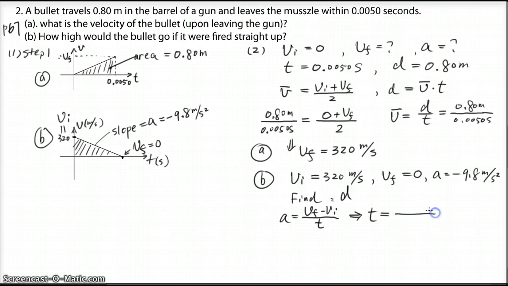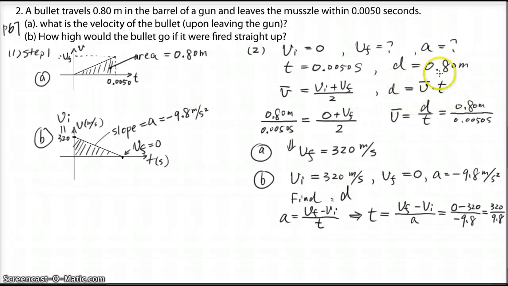If you isolate T, T equals V final minus V initial, divided by A. Plug in 0 as the final velocity and 320 as the initial velocity, divided by negative 9.8. This is going to be the time. We don't need to calculate here, but we can write it as 320 over 9.8, and the unit is of course seconds.